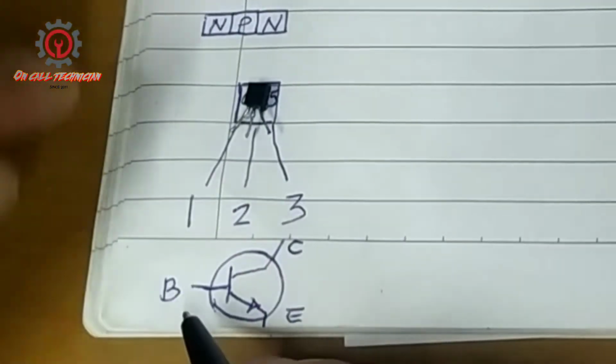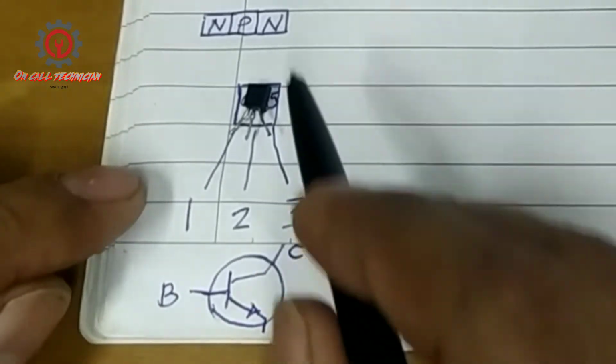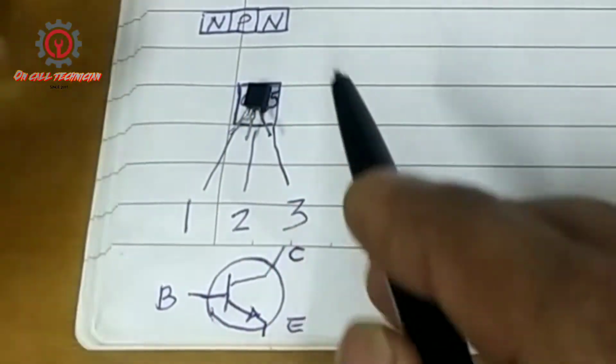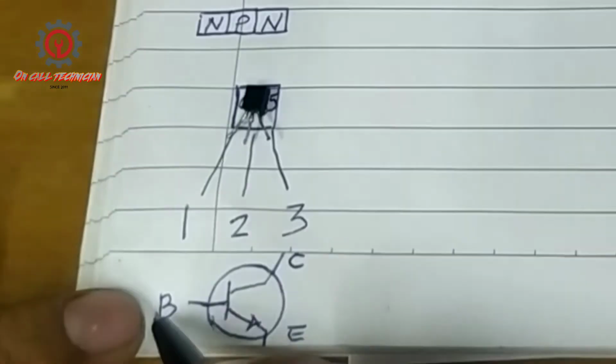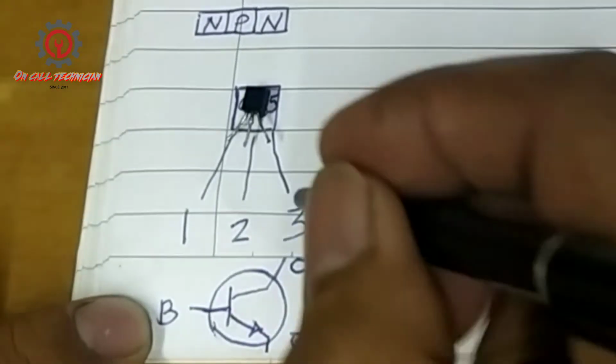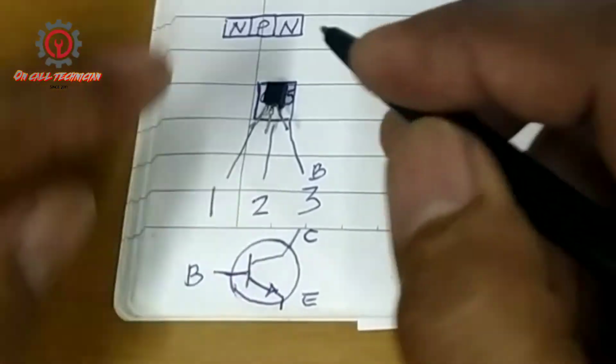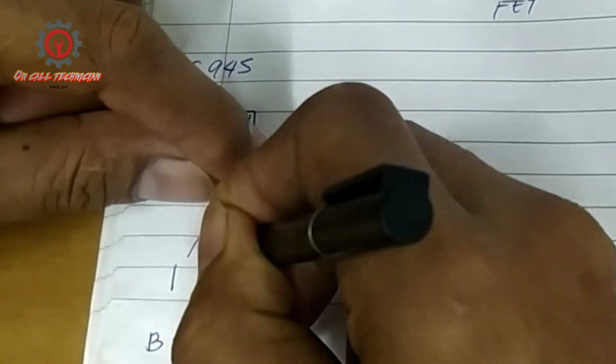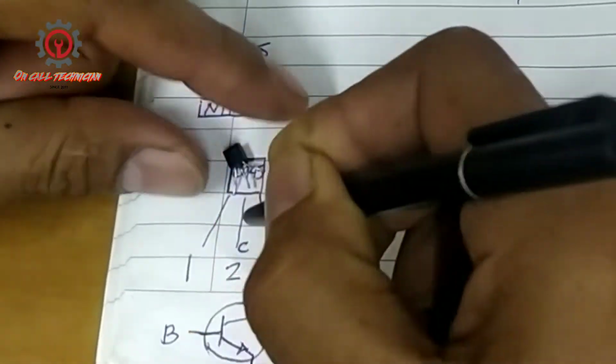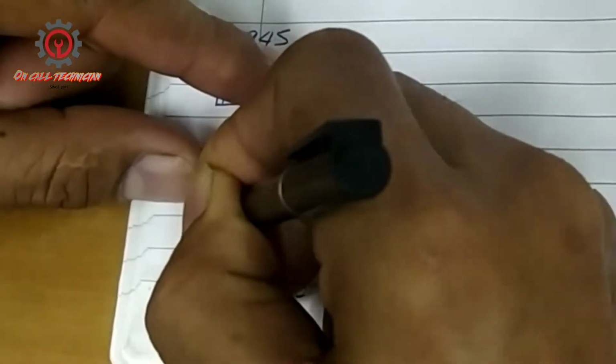Now since this is NPN, the base, guys, is 3, so this is our base, and the collector is number 2, collector, and this is our emitter.